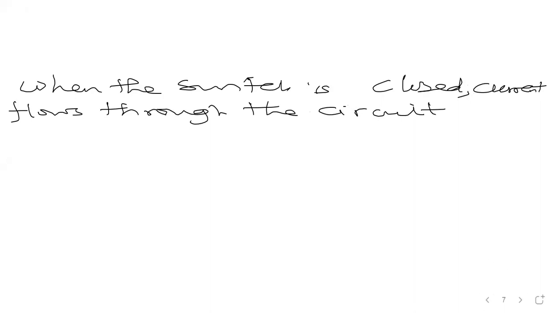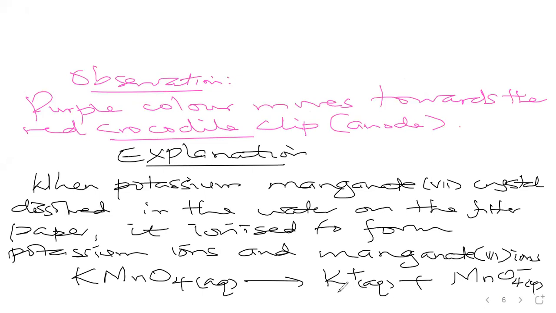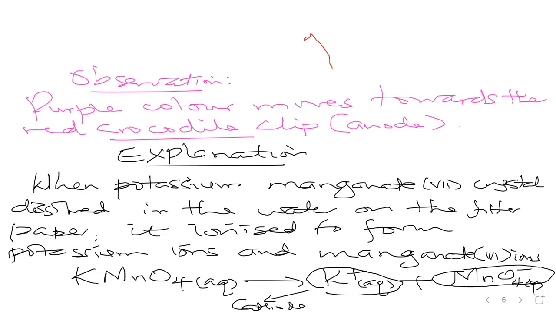So remember now, in solution are potassium ions and manganate 7 ions. Now the potassium ions will migrate to the cathode, that's negatively charged, because they are positively charged.